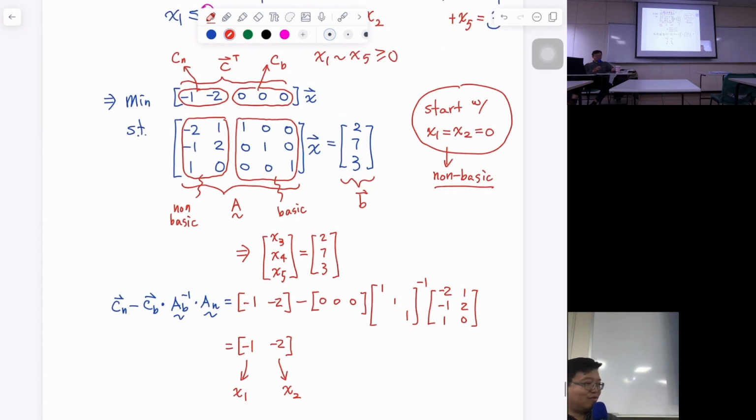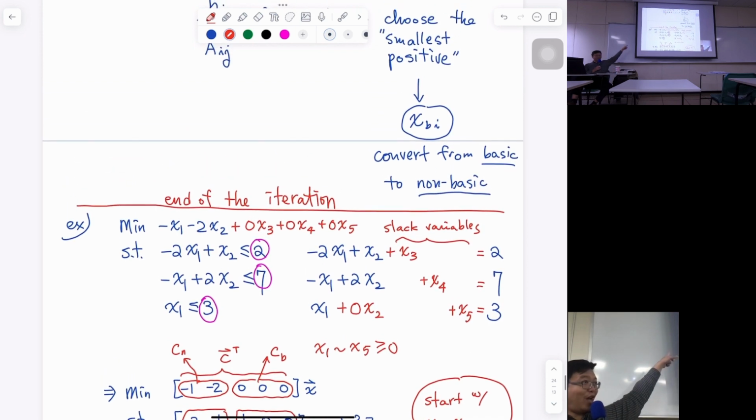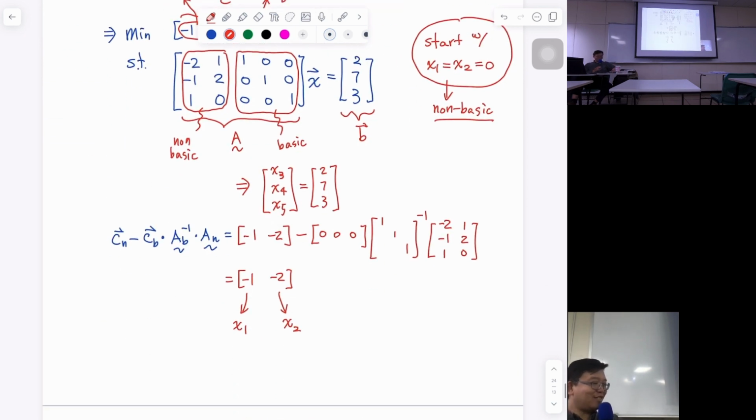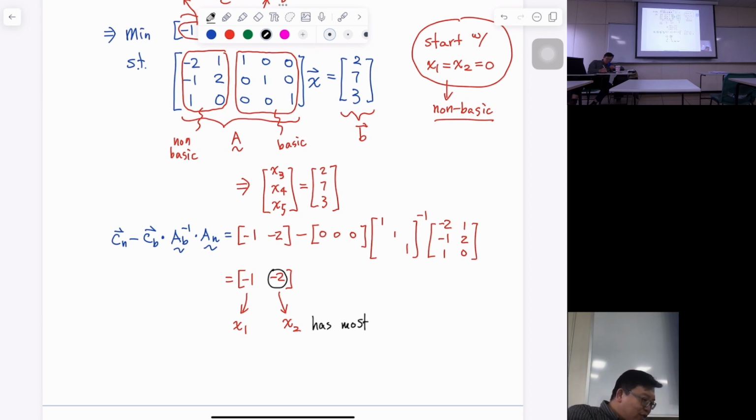Right? -1x and -2x, yes. Exactly the same thing. -1x and -2x. So what do we do? We choose the most negative one. So this one has the most negative coefficient.